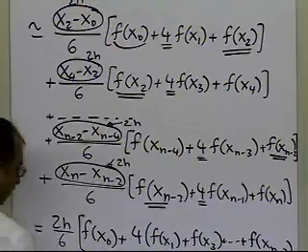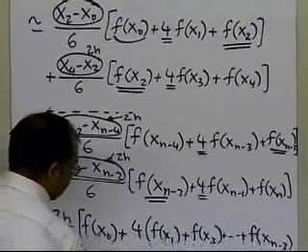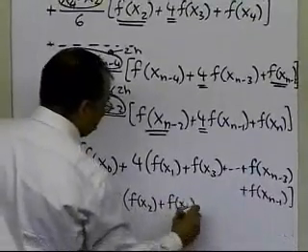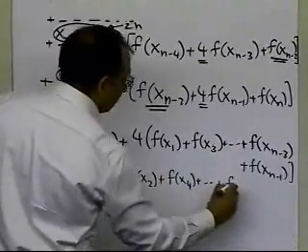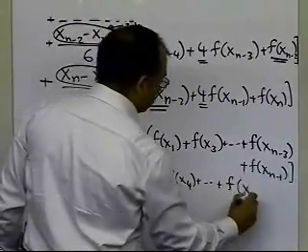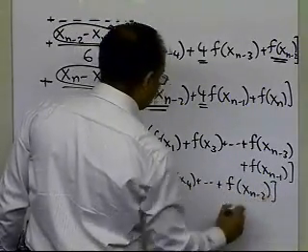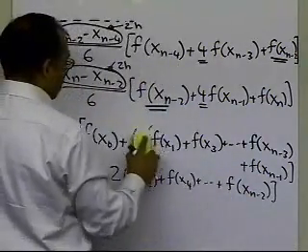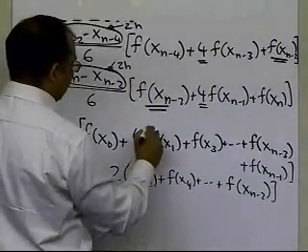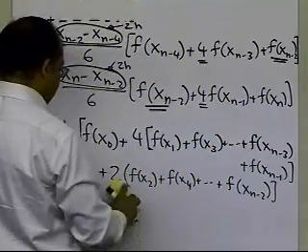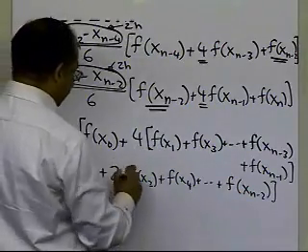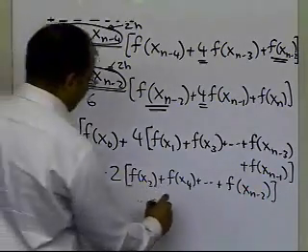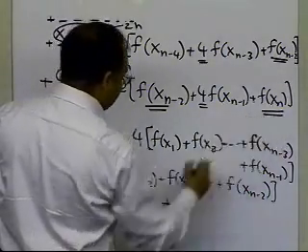So what that means is that I'll have 2 times f of x2 plus 2 times f of x4, plus all the way up to f of xn minus 2. So let me just use the proper brackets here. So I get this here. And then the only thing I'm left with now is this last term, which is f of xn.